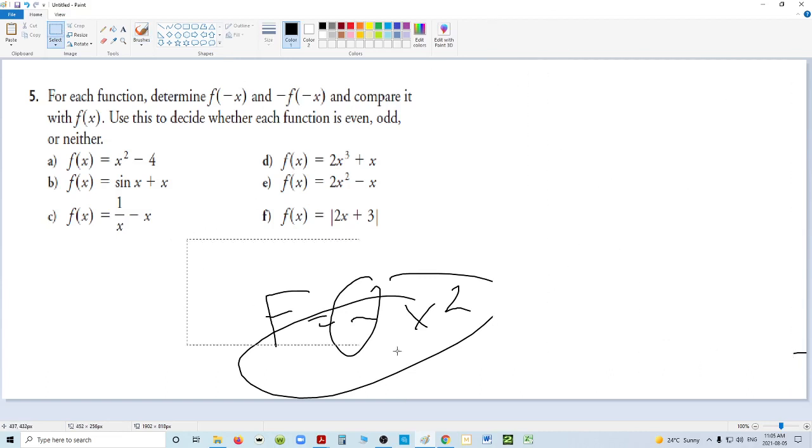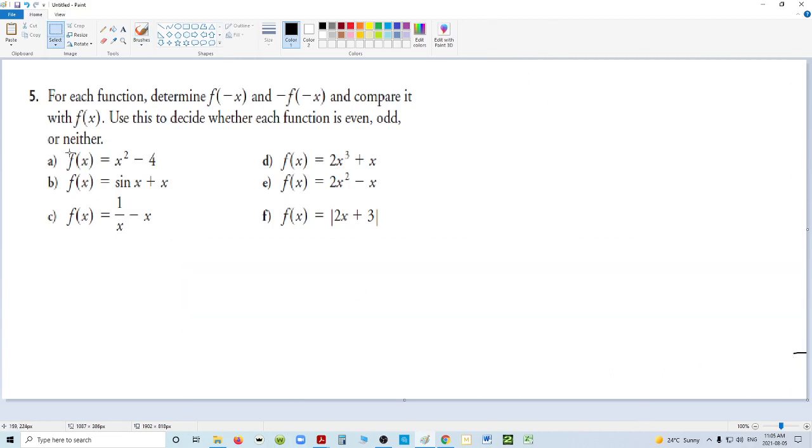So let's look at this one. We're trying to figure out if this is odd or even. Now, a couple of things help you visualize it. I happen to know that this is a difference of 2 squares. I also notice it's a parabola.